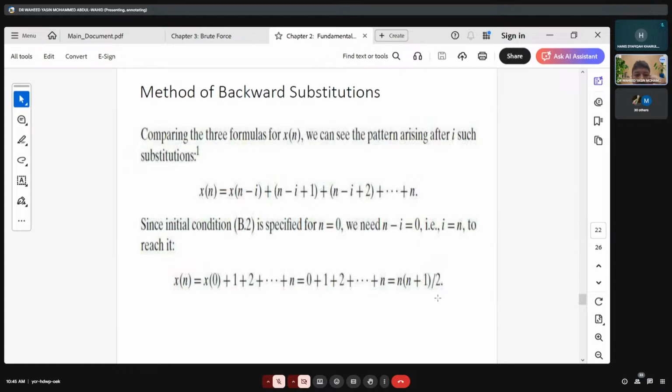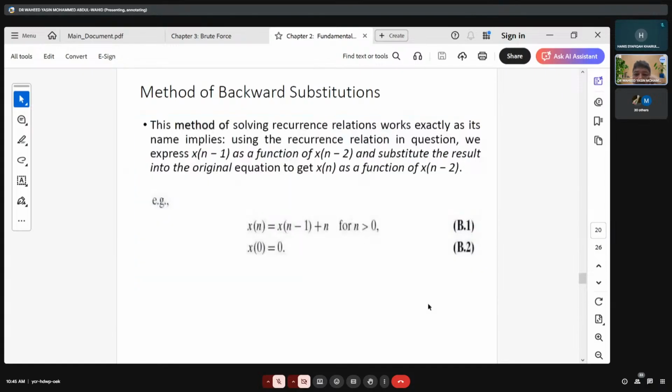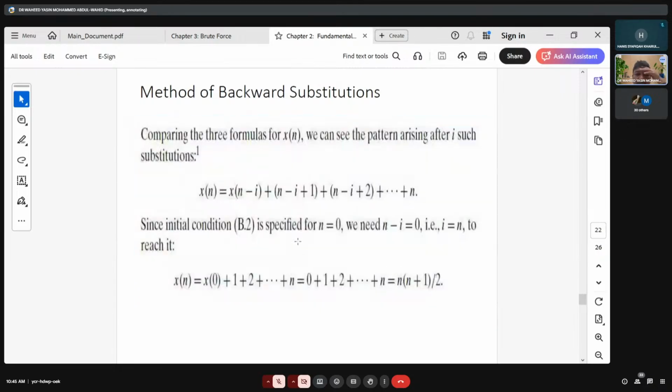Okay, this one is from B2. From B2 we got x0 equals 0.